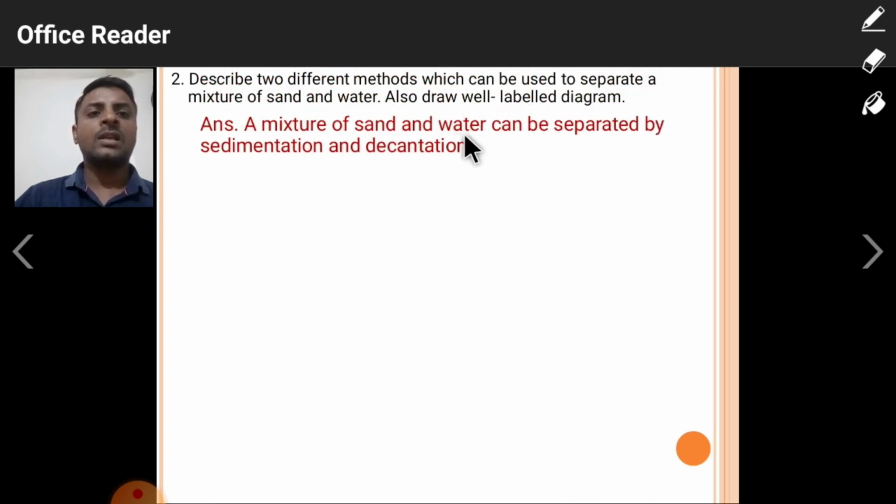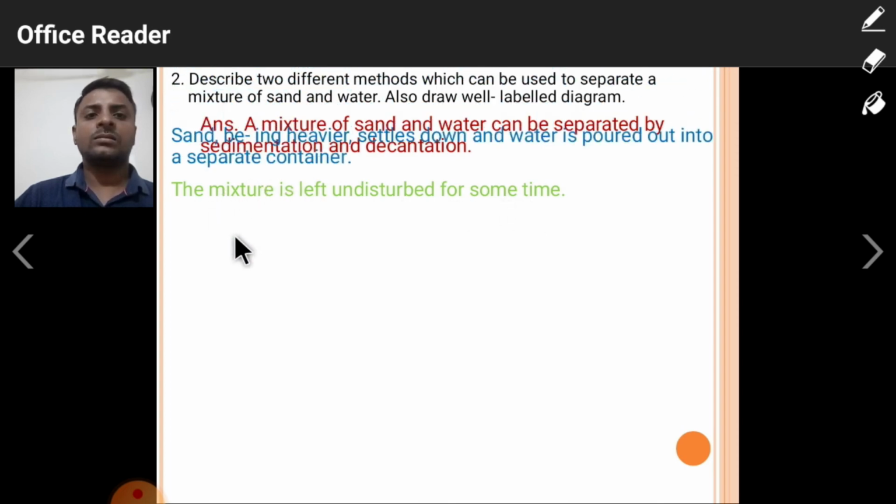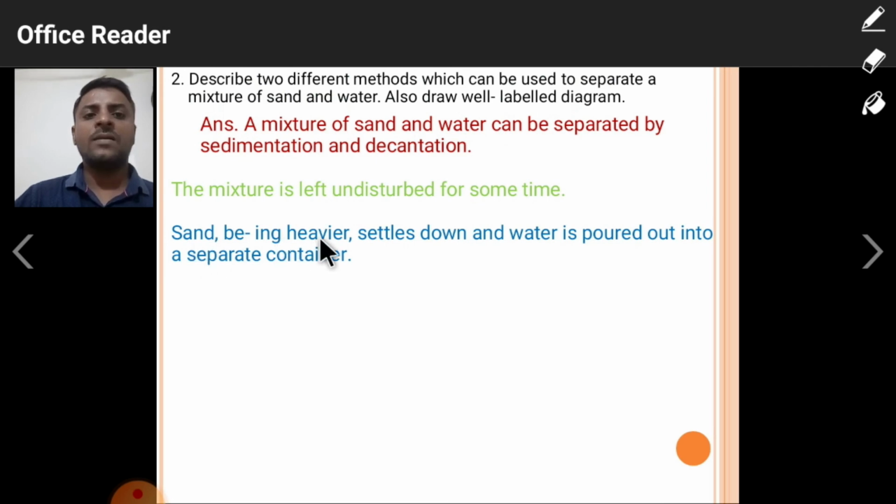A mixture of sand and water can be separated by sedimentation and decantation, and by filtration also. The mixture is left undisturbed for some time. Sand, being heavier, settles down and water is poured out into a separate container.